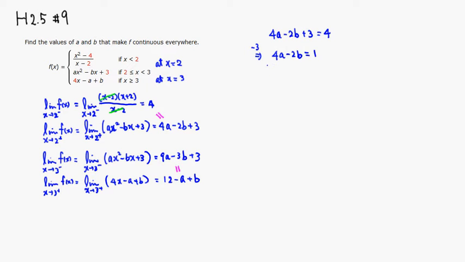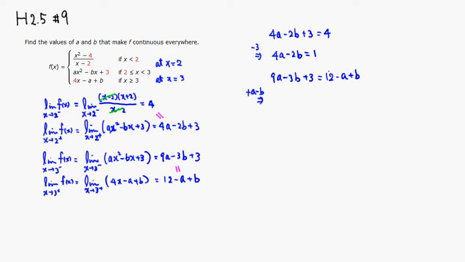The second equation is 9a minus 3b plus 3, which is equal to 12 minus a plus b. Then I'm going to put the a and b on the left and all the constants on the right. To do that, I have to move negative a and b over to the other side, so I'm going to add a and subtract b.